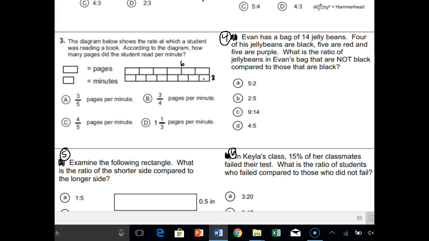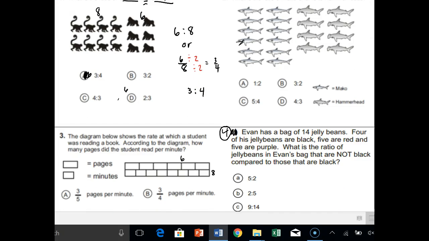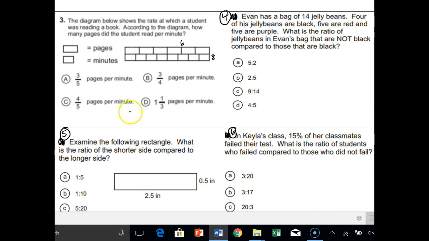And so now if I wanted to take that ratio and do pages per minute, I just take 6 over 8 and simplify it by dividing by 2. And we'll get our answer of 3/4 pages per minute, so B.